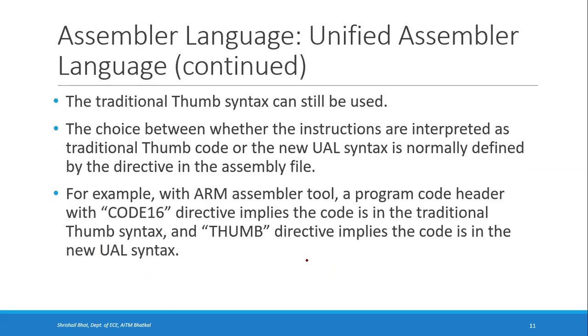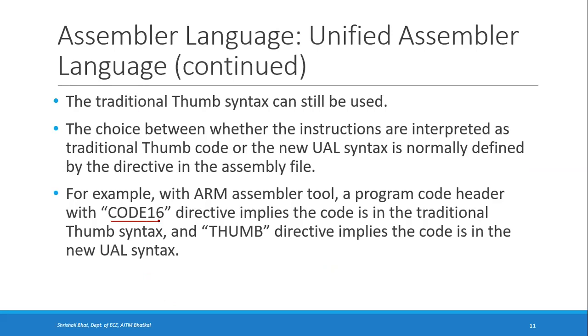So still, the traditional thumb syntax can also be used in the unified assembler language. The choice between whether the instructions are interpreted as traditional thumb or the new UAL is normally defined by the directive. If you use the directive code 16 in the program header, that means it is 16-bit traditional thumb instruction.